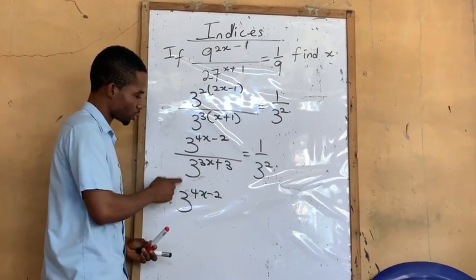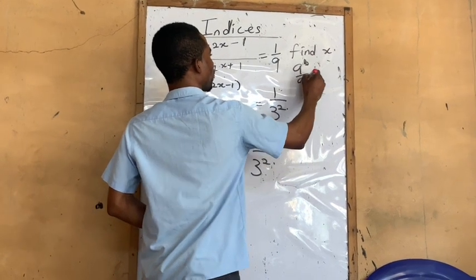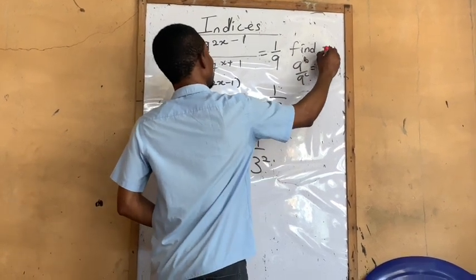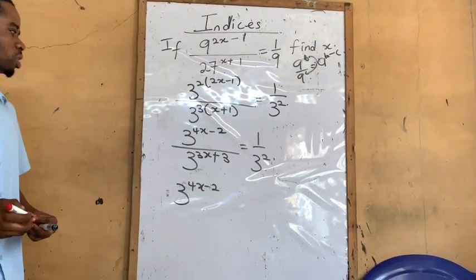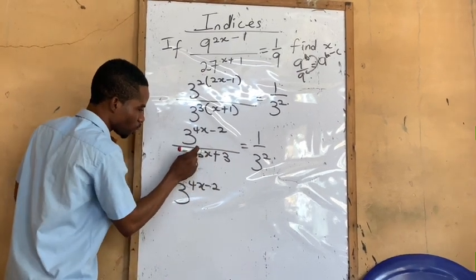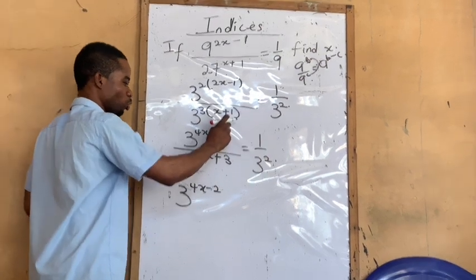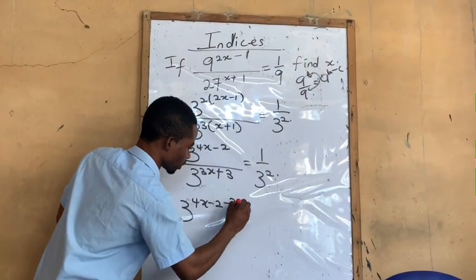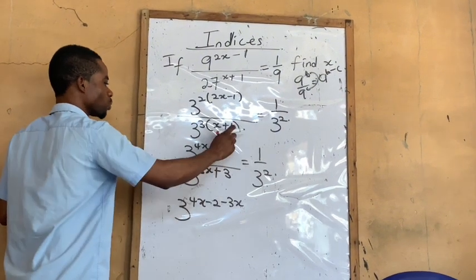According to the law of indices, when you have something like a raised to power b over a raised to power c, it will be a raised to power b minus c. So I'm trying to bring this one up now. You start from 3x. What is the sign in front of 3x? Plus. By the time it comes up, it becomes minus 3x. What is the sign in front of 3? That's plus. By the time it comes up, it becomes minus 3.